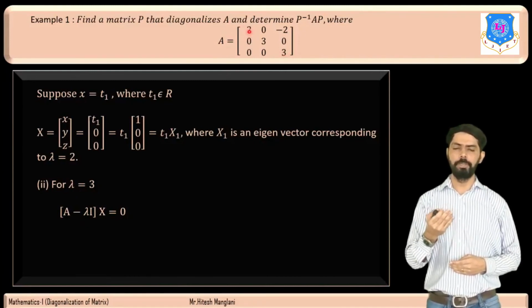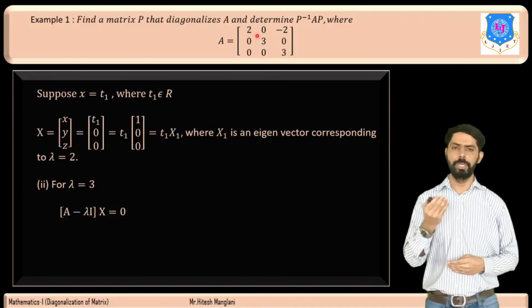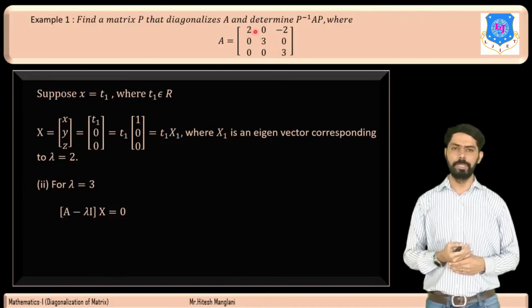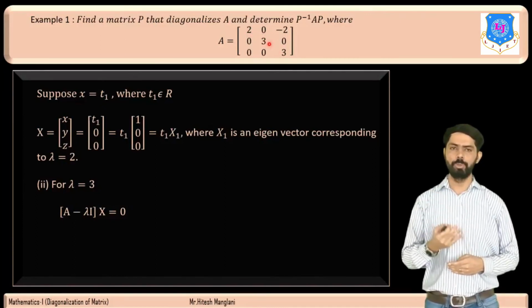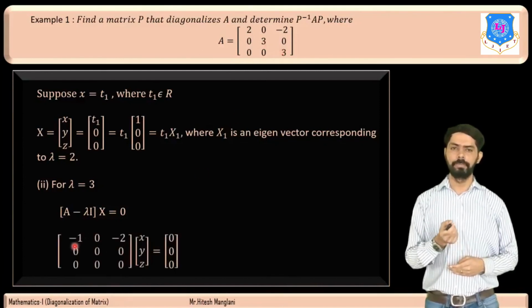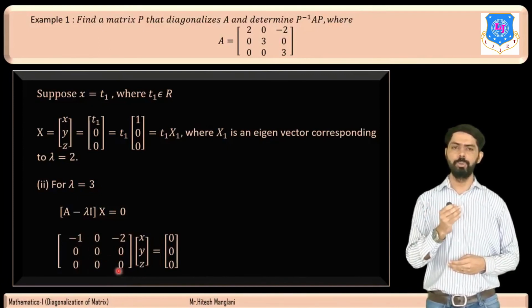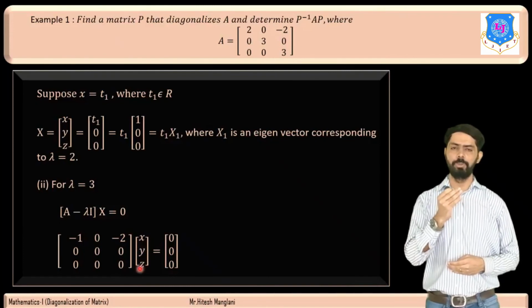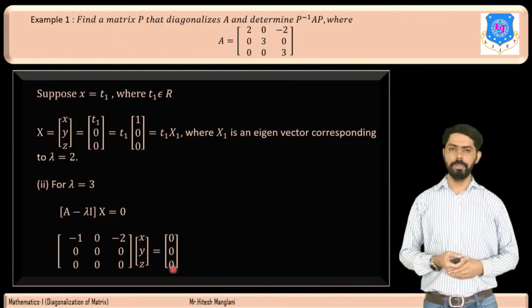So 2 minus 3 is minus 1, 3 minus 3 is 0, and 3 minus 3 is 0. Therefore the matrix will be [-1, 0, -2; 0, 0, 0; 0, 0, 0] into (x, y, z) equal to (0, 0, 0).